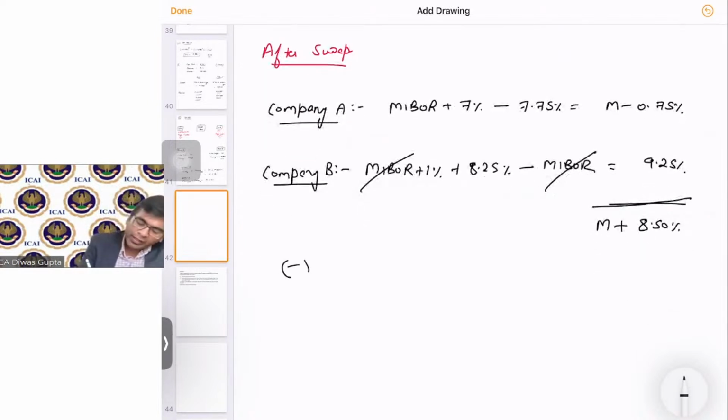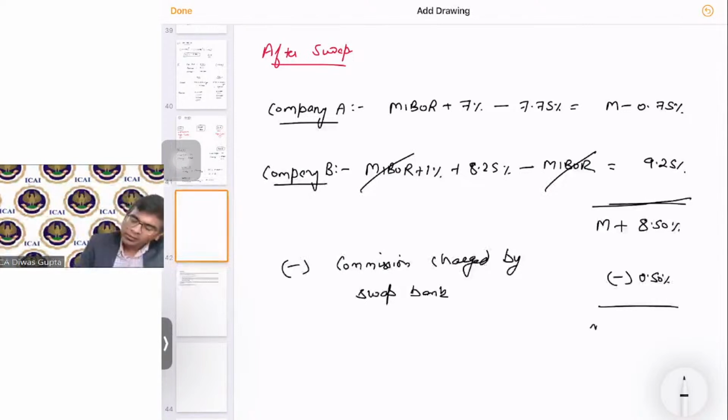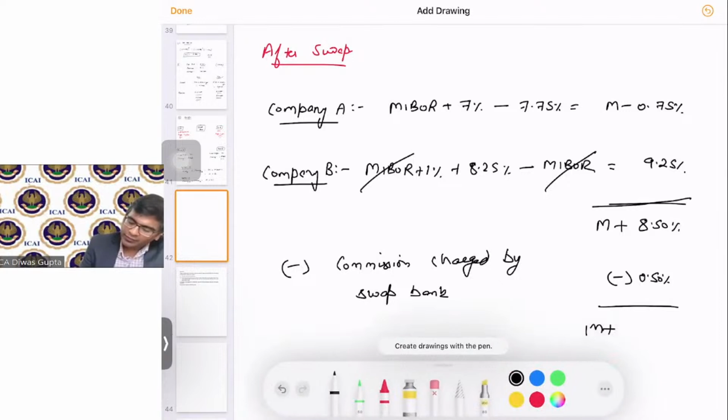And if you reduce the commission charged by the swap bank, this will come to the original cost of borrowing itself.